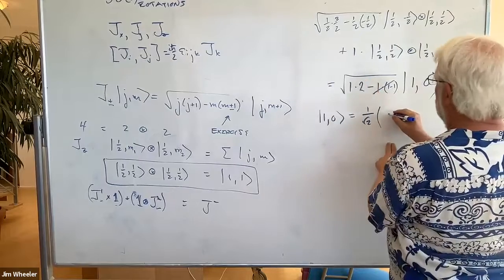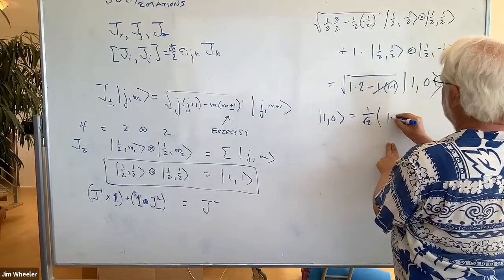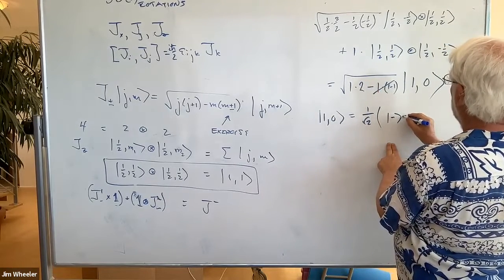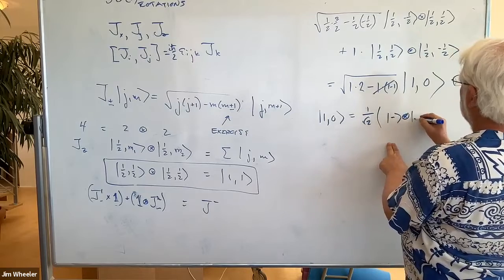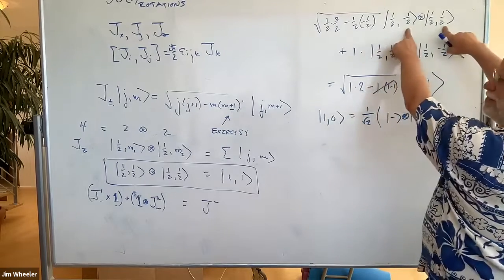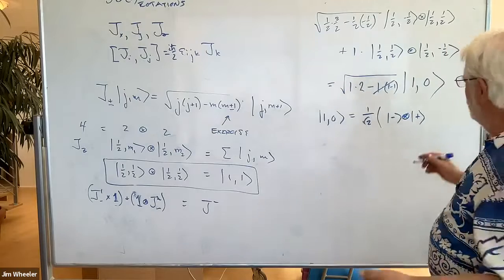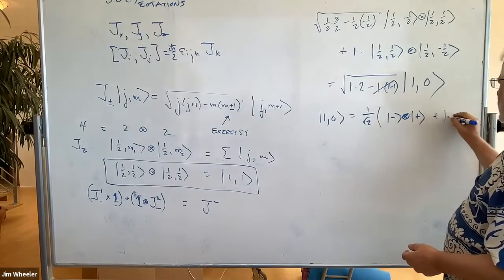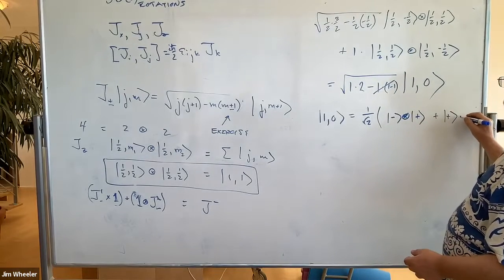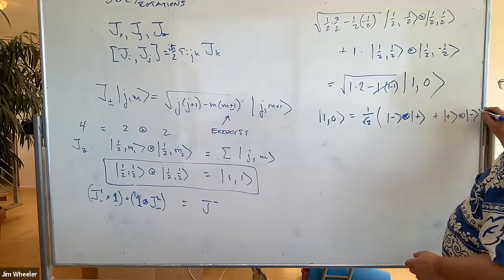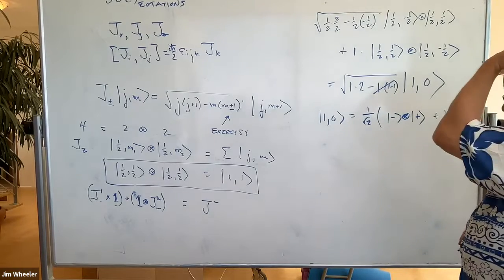That coefficient is 1. So I get, let's just call this a minus state cross a plus state, because plus and minus we've used before for the Z. And then a state where this one is plus and the second one is down, spin up and spin down.